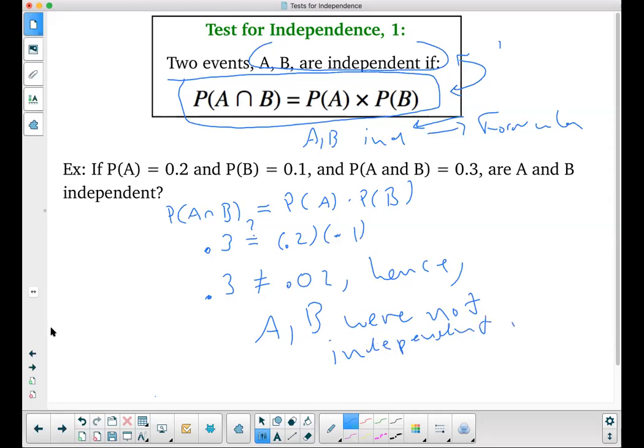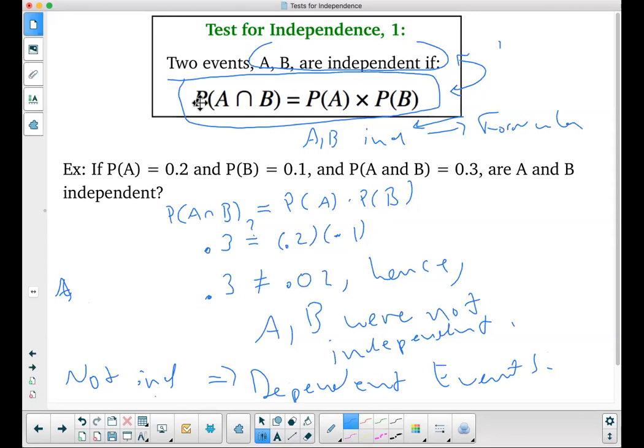So that means event A could not have been a coin toss, and event B could not have been a die roll, for example. Right? We don't know what A and B are. We just know that they are not independent events. Another way of saying that is that they are dependent events.